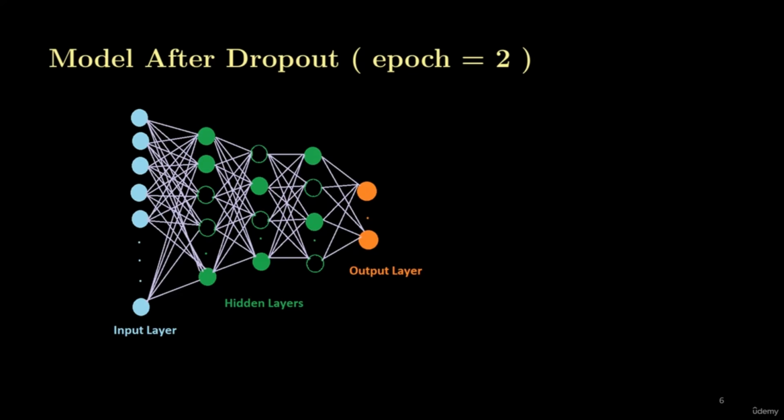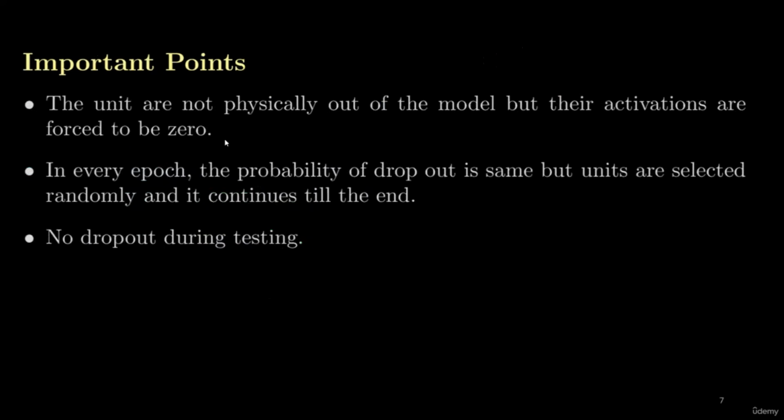Dropout doesn't mean that those nodes are physically disconnected from the neural network. It means their activations are forced to 0, so these nodes are not taking part in learning. Here are the important points to remember about dropout regularization. The units are not physically out of the model, but their activations are forced to 0.